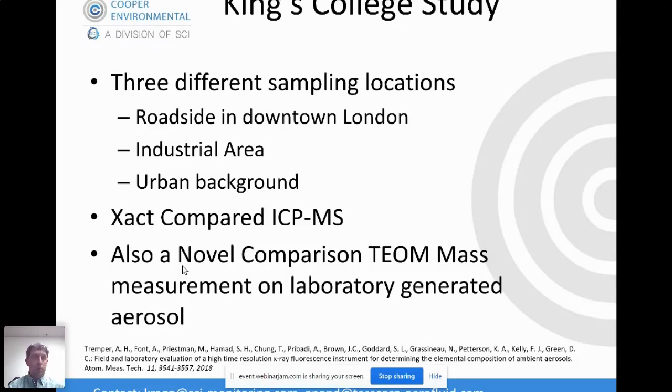The Xact again was compared against ICP mass spec, and then also the researchers performed a novel comparison with the TOM, which is a form of mass measurement as well, and we'll get into that study in a few slides.